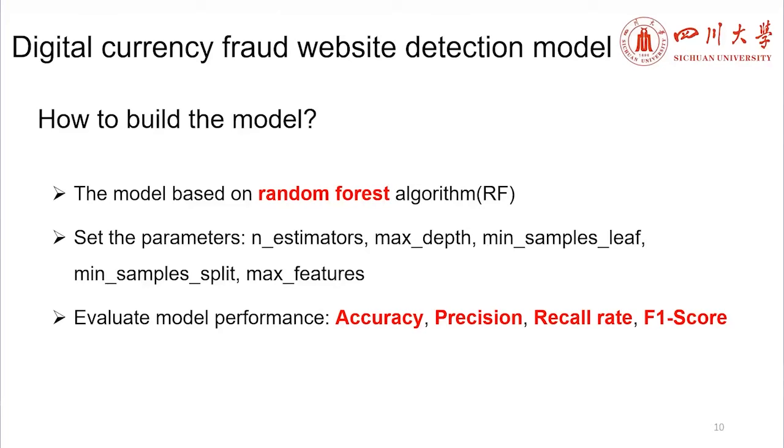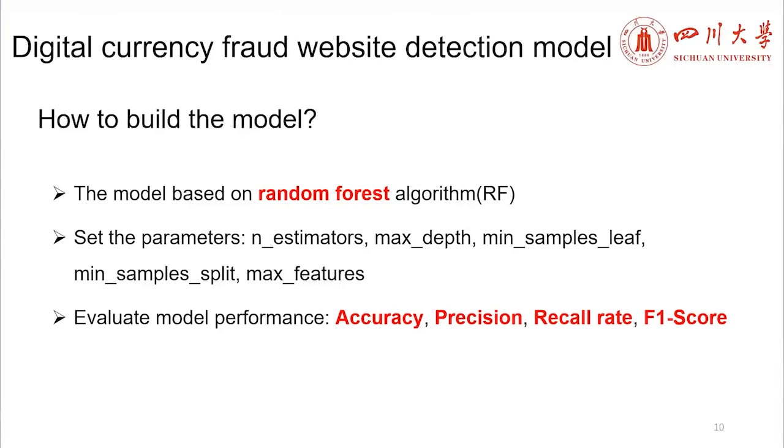The random forest algorithm has the advantages of fast detection speed, high detection accuracy, good anti-noise ability, not easy to overfit, and few hyperparameters. At the same time, the random forest algorithm can get the feature importance ranking, can process discrete data, and does not need to normalize the dataset.